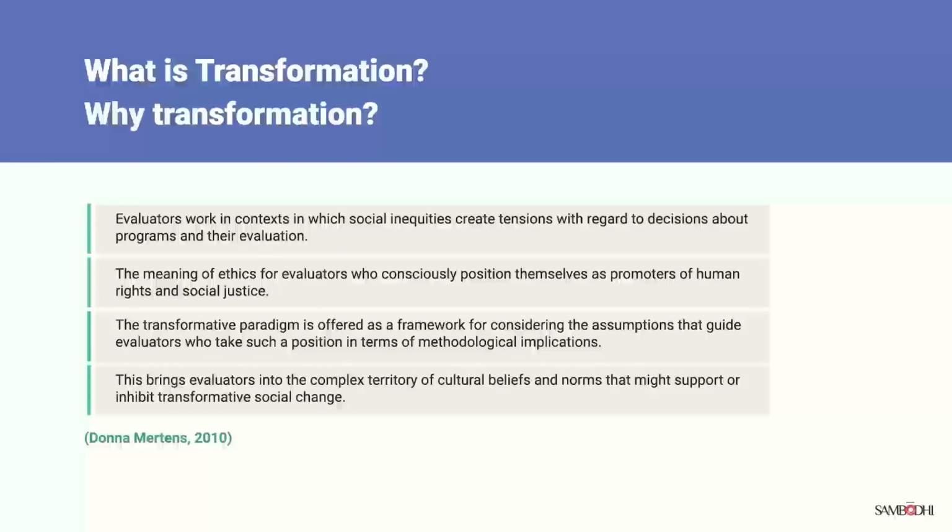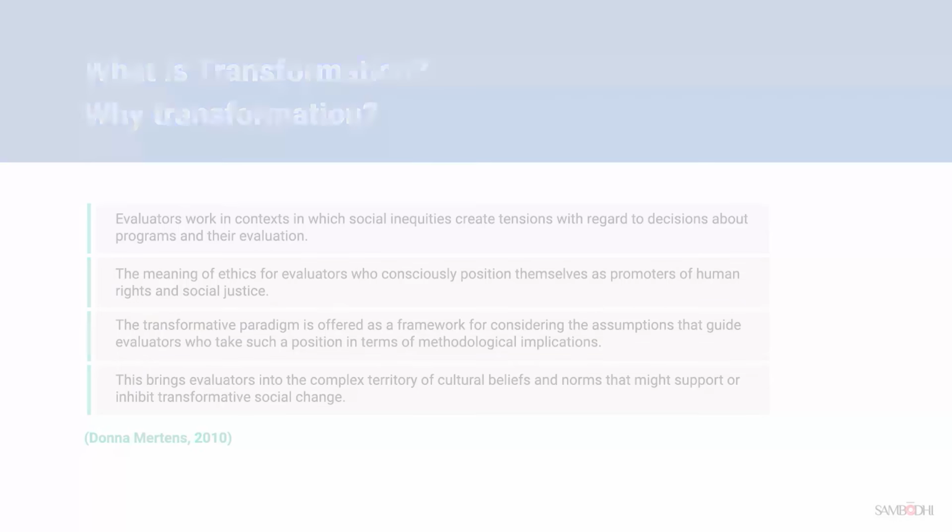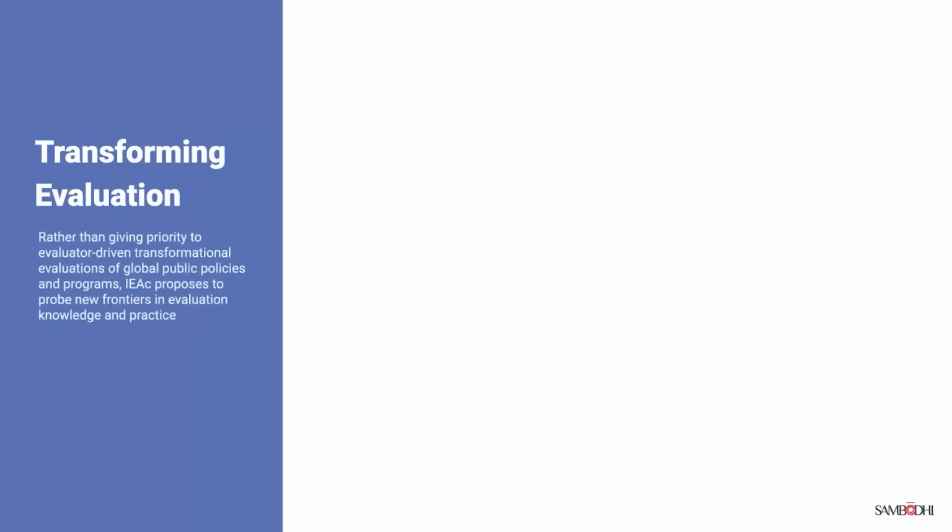This puts evaluators in the complicated territory of cultural views and norms that may help or hurt social change that is transformative. Rather than giving priority to evaluator-driven transformational evaluations of global public policies and programs, the International Evaluation Academy, which is the IEA, proposes to probe new frontiers in evaluation knowledge and practice.